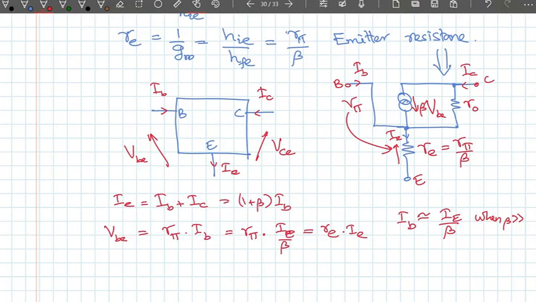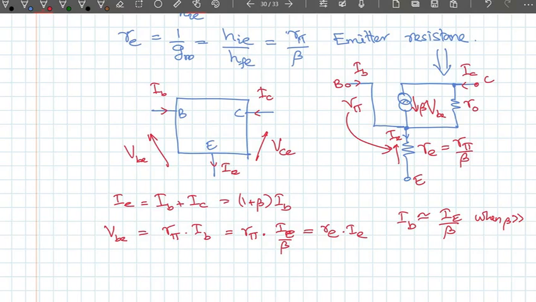R pi over beta is equal to Re. The emitter resistance you can find in terms of HIE by dividing by HFE or beta. Okay, so I can express my new parameters in terms of my old parameters in this new H parameter model.